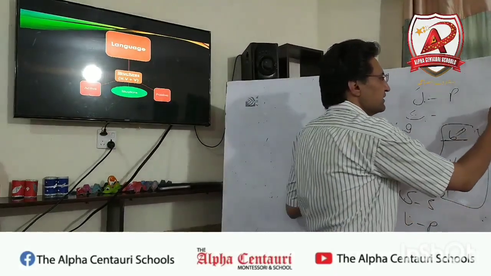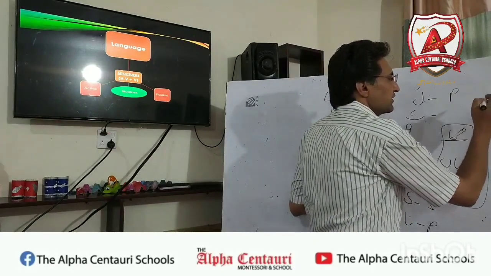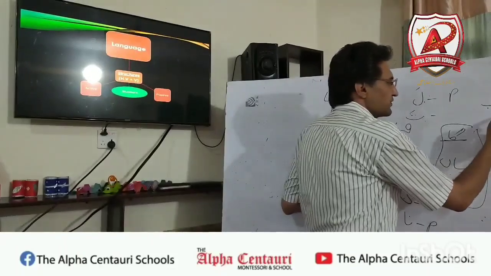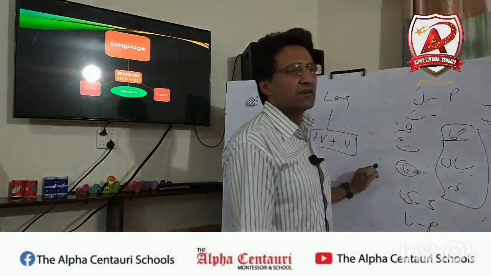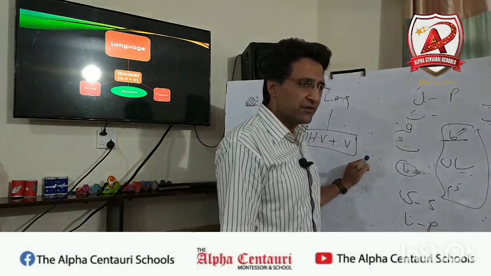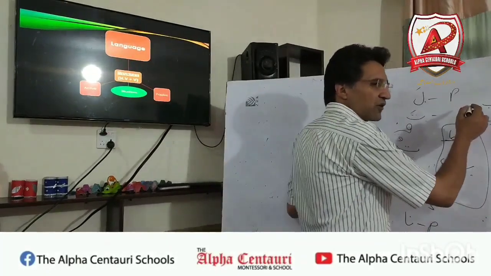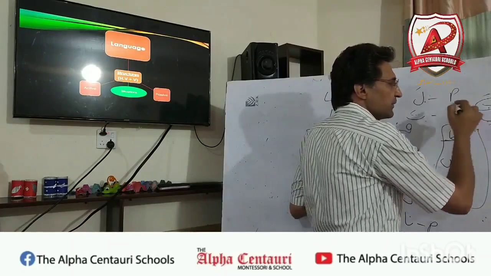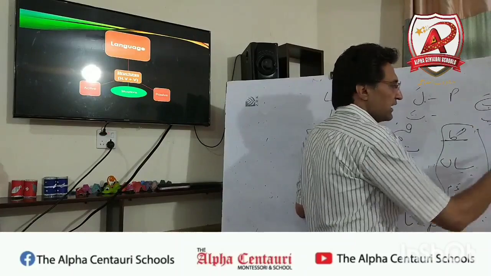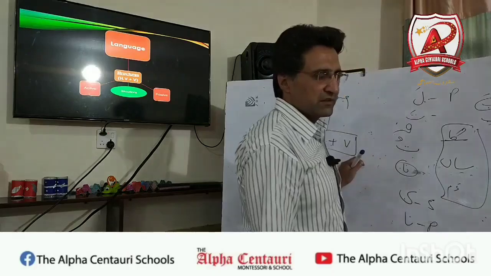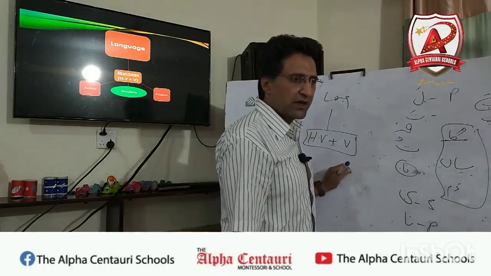For example, daraba, past. And this is for present and future, yadrebo. I'm changing something or not? In past situation, I'm using this ba sound. In present and future, I'm adding ya with it. Check it.